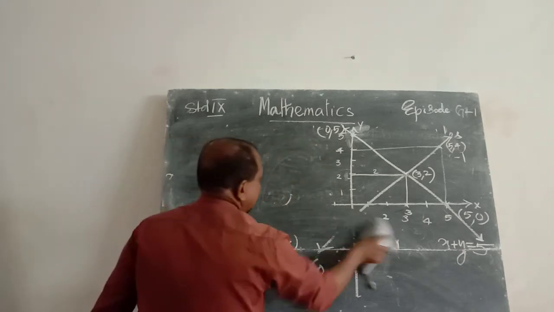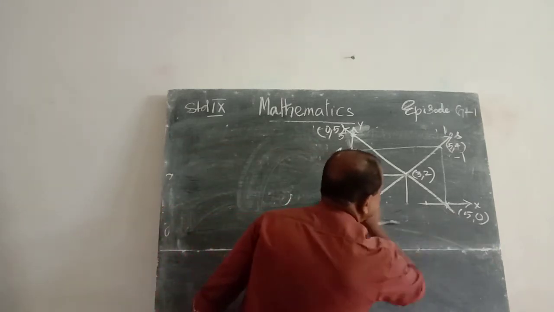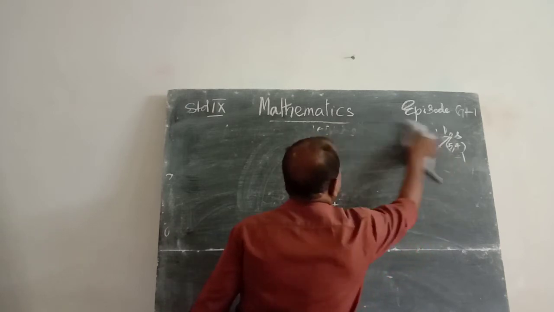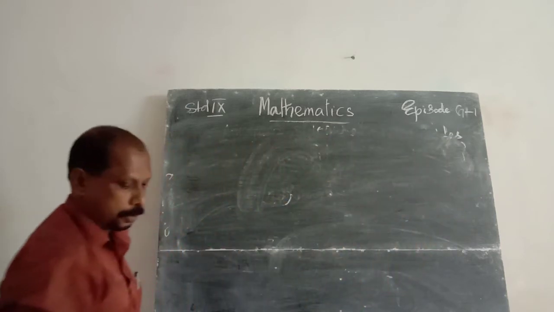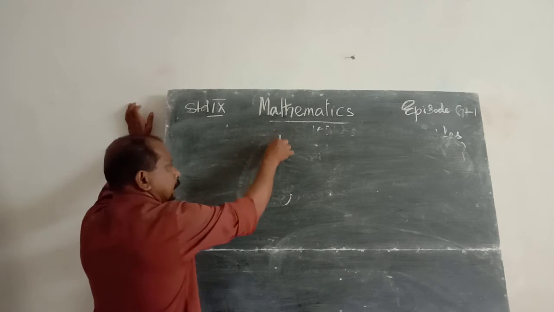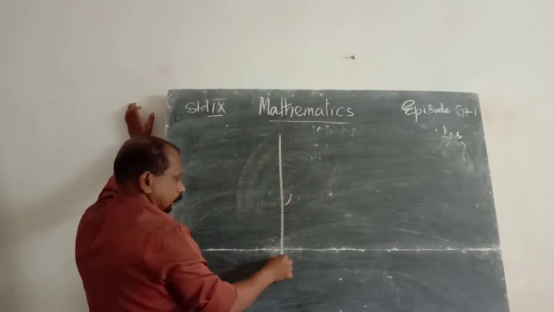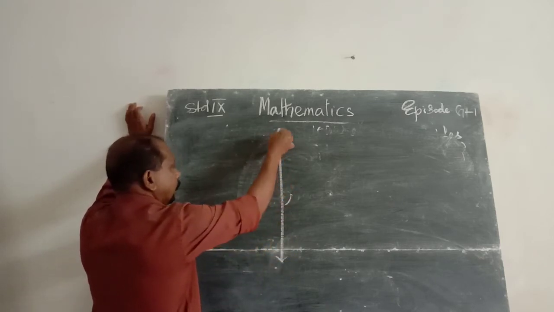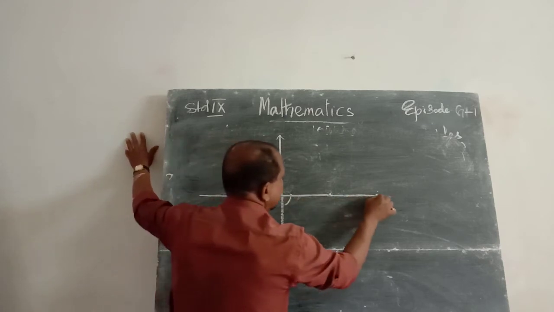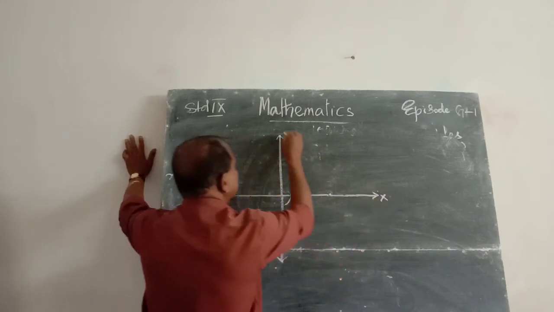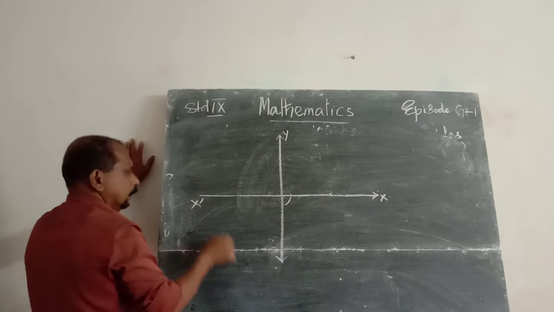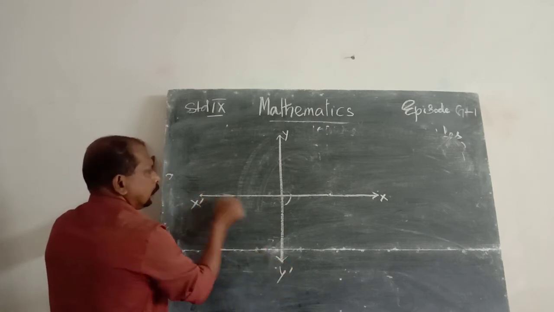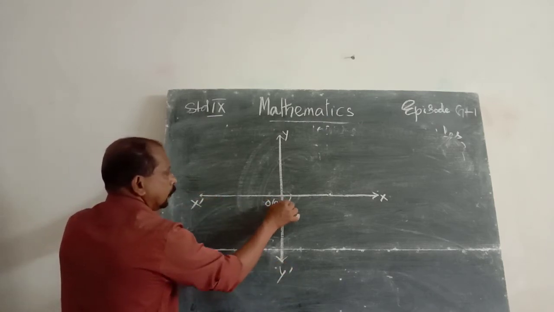Okay, then let us consider the coordinate axis. X-axis, y-axis. X dash, y dash. This is the origin 0, 0.